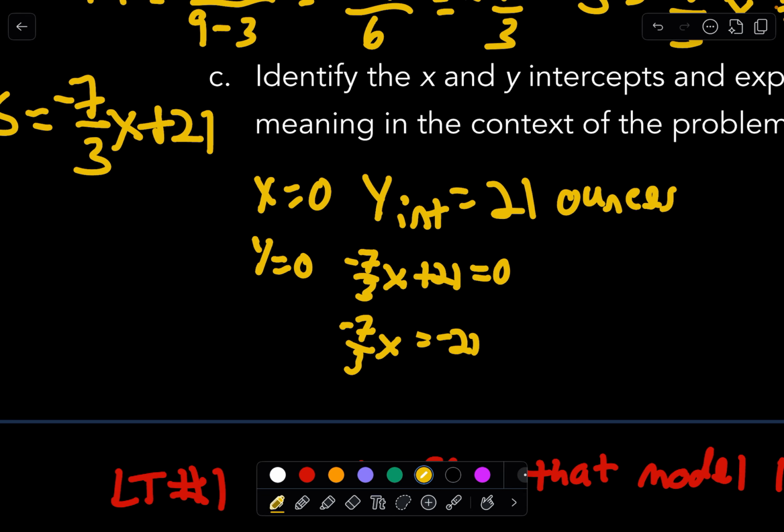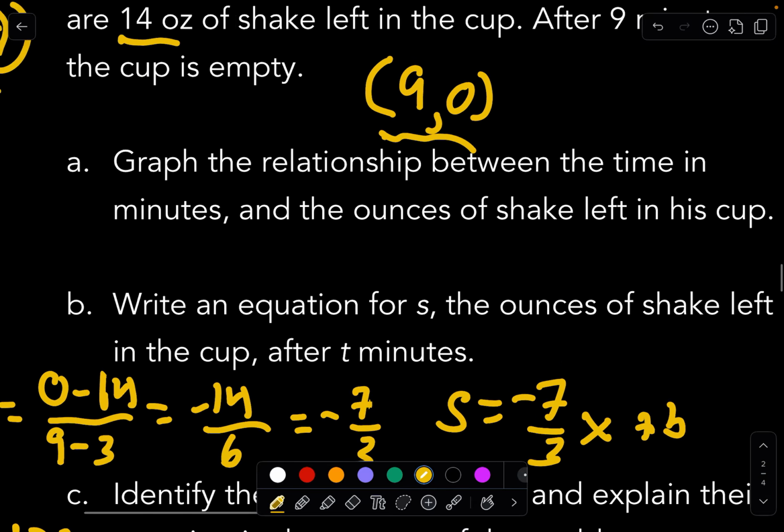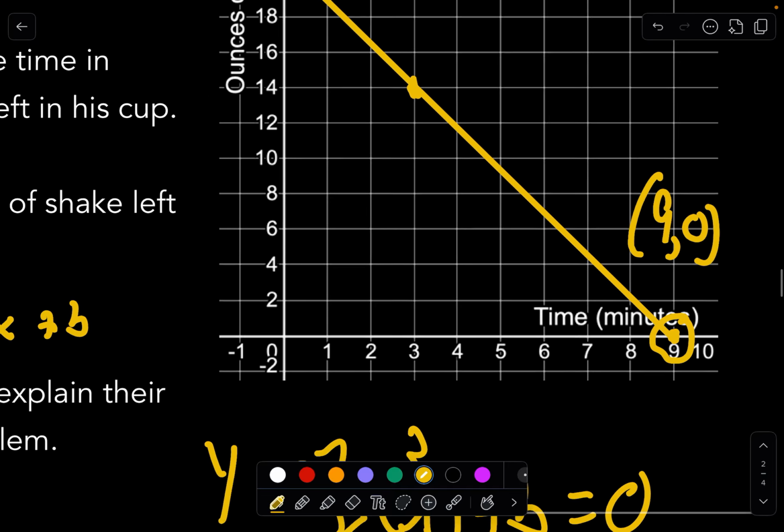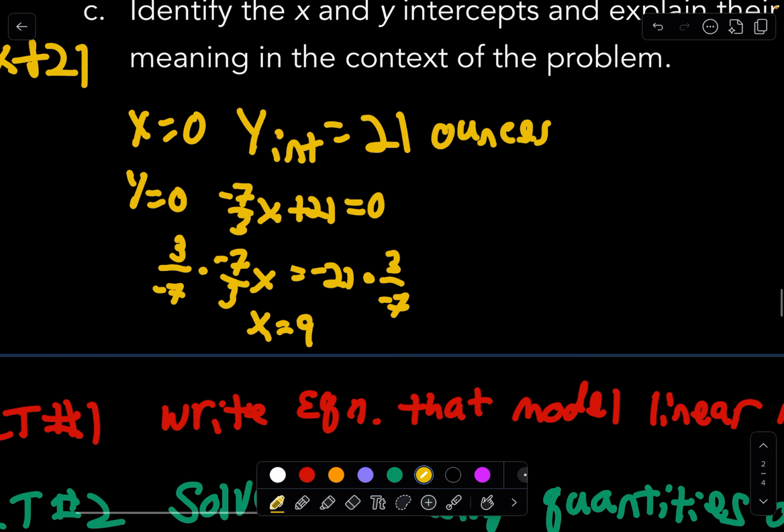And multiply by 3 if you wish, or multiply by the reciprocal, 3 over negative 7 on both sides, because we're dividing by 7/3. And you get X equals, let's see, 7 goes into 21 3 times, you get X equals 9, which we see from our graph.